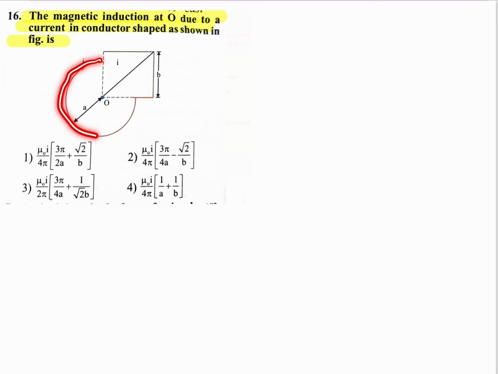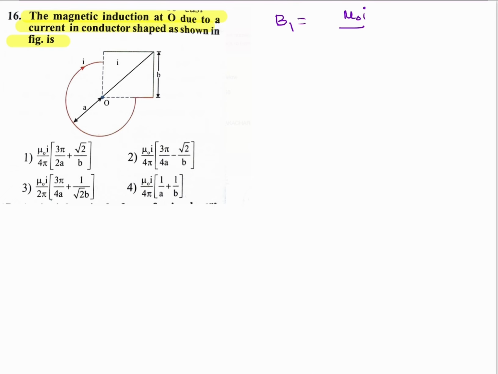Because of the 3/4 of the circle, the magnetic field due to this 3/4 of the circle at its center, let us consider B1. So B1 equals mu naught I by 2r actually.